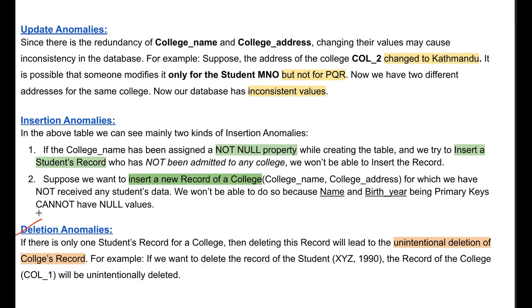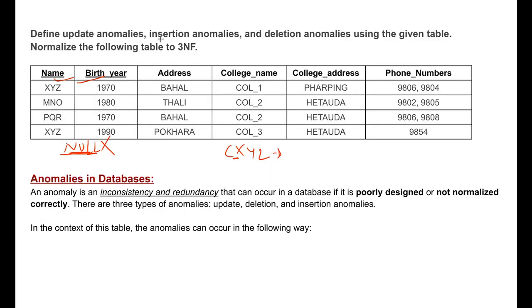Next we'll see deletion anomalies. Suppose we want to delete the record of this student, and college 1 has a record of only one student, considering the values in this table.